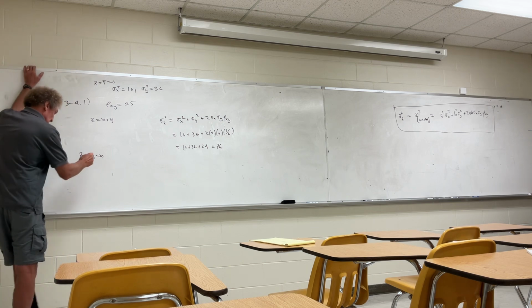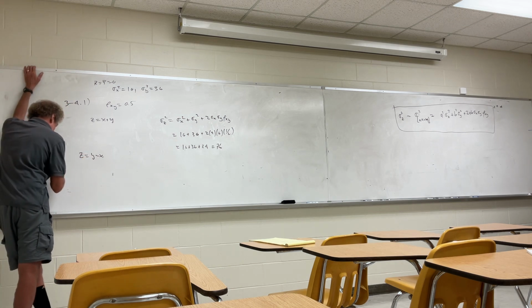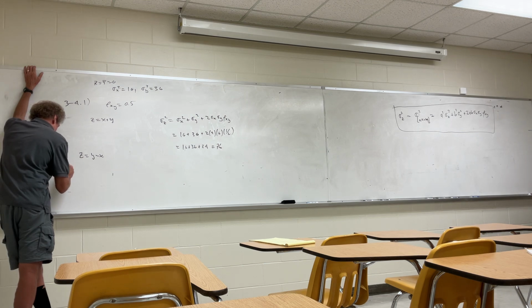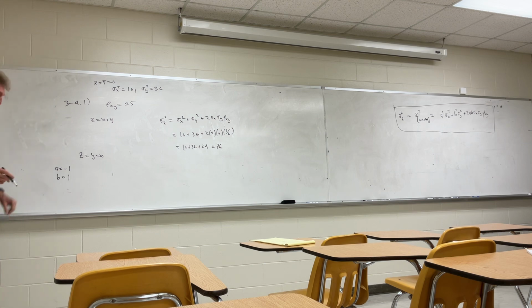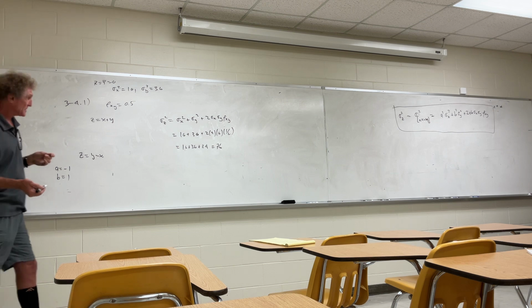A is equal to -1 and B is equal to 1. I want you to take a look at this and agree or disagree. This is just the coefficients related to X and Y. One of them is negative, one of them is positive. Agree? So what happens here?